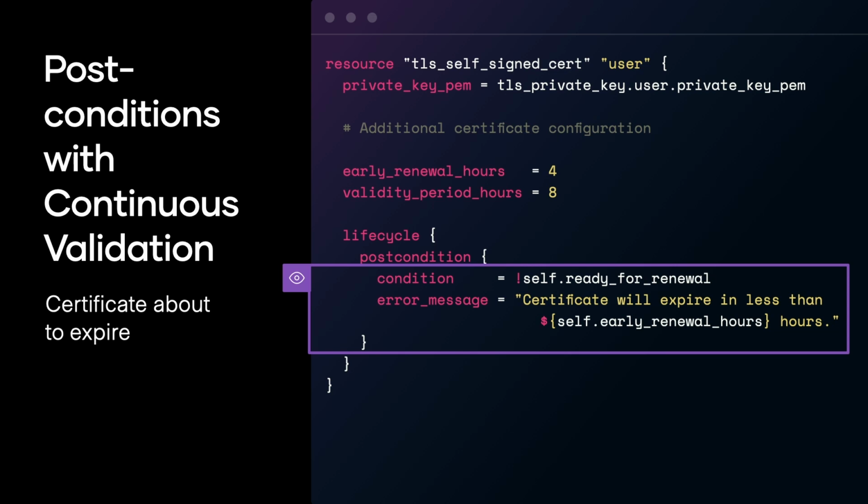In this case, it's in 4 hours, right? And of course, when you're provisioning that certificate, it won't be 4 hours from expiration, but at some point it will. And most of us have had the experience of having a certificate expire and having a large, widespread outage as a result, right? So this will kind of prevent that kind of thing.